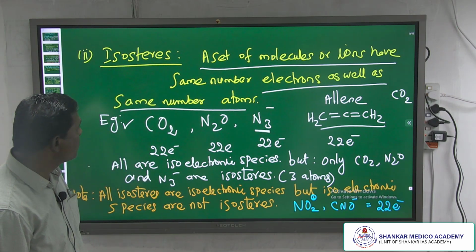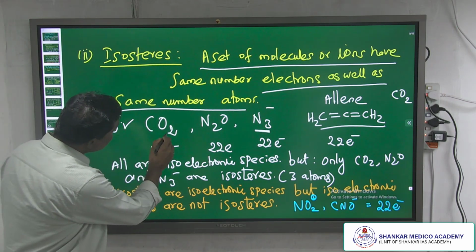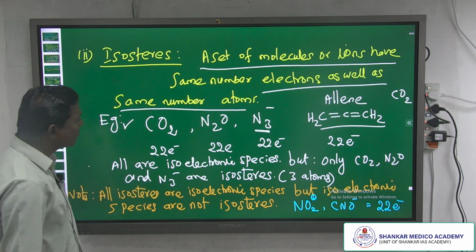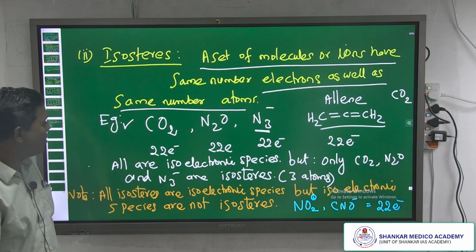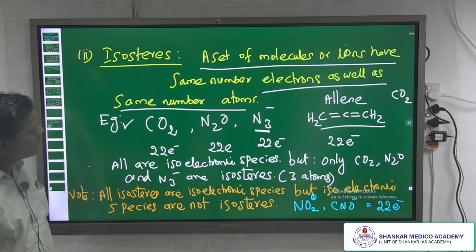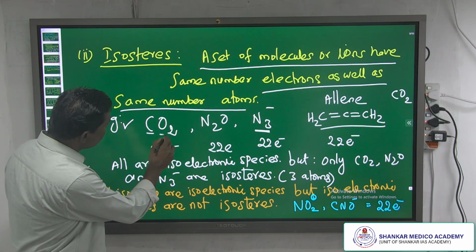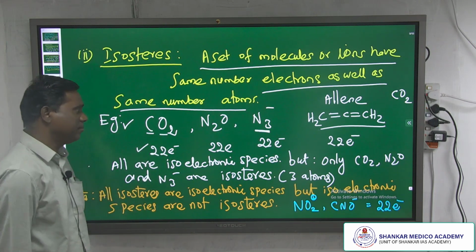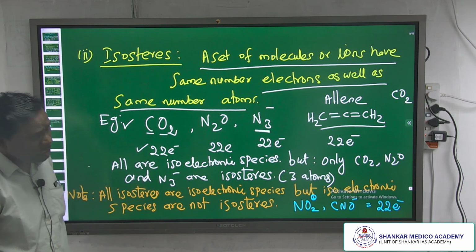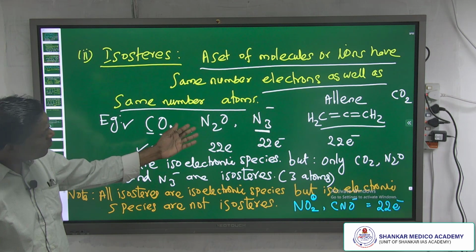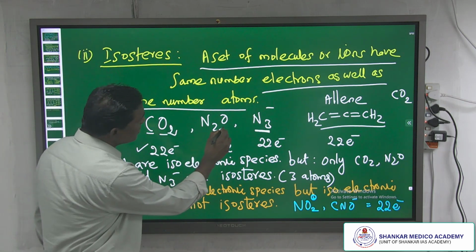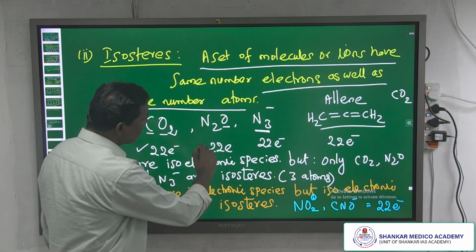And you can see CO2: carbon atomic number 6, oxygen atomic number 8, 8 plus 8, 16, 16 plus 6, 22 electrons totally. And N2O: nitrogen 7, 7 into 2, 14, 14 plus 8, 22 electrons.